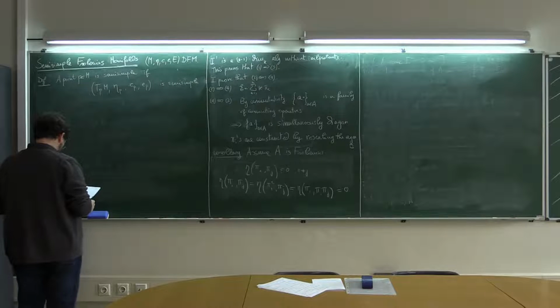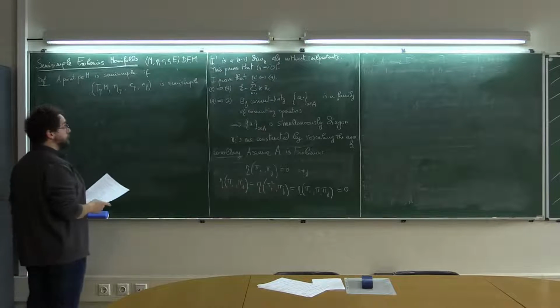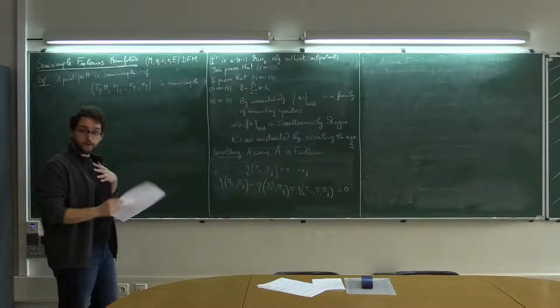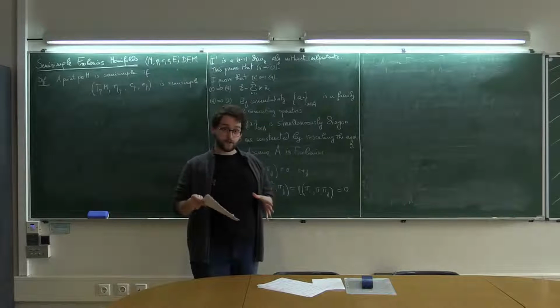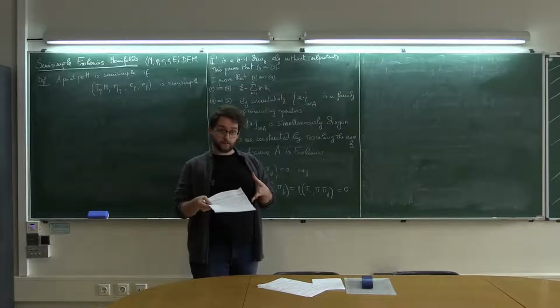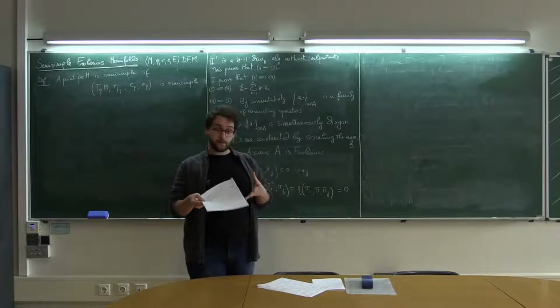So, from point 4 of a previous theorem, it is clear that the condition of semisimplicity for points of a Frobenius manifold is an open property.